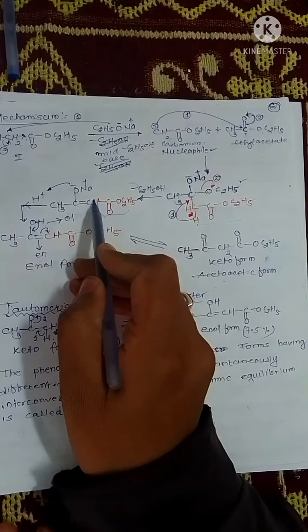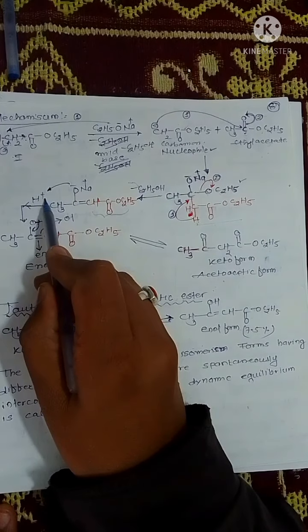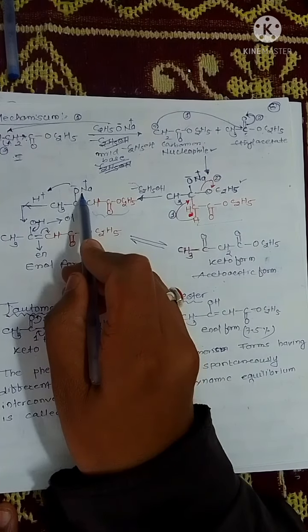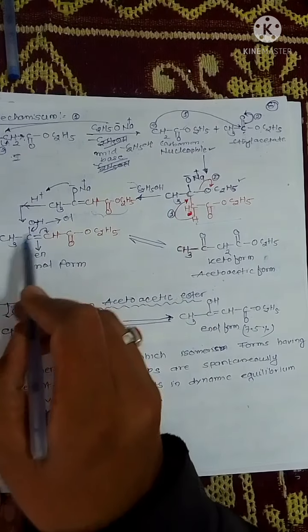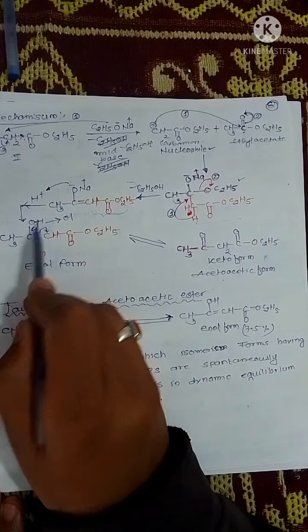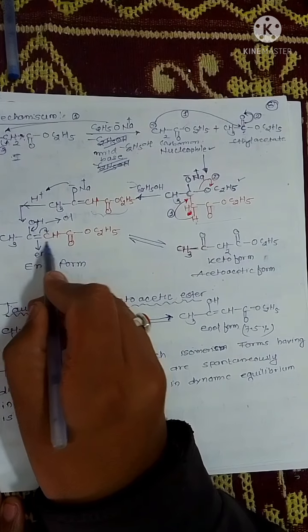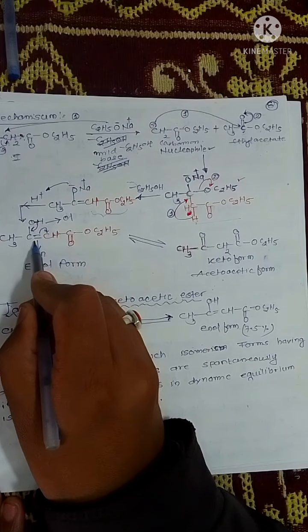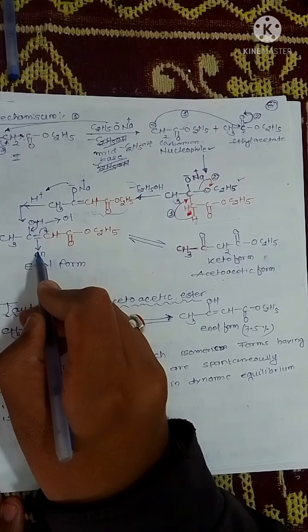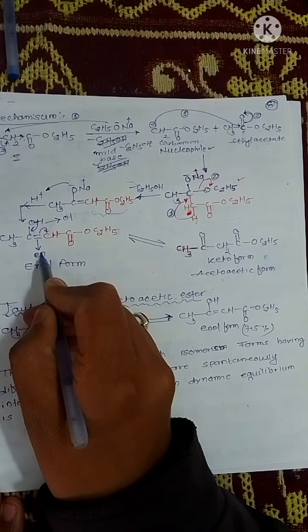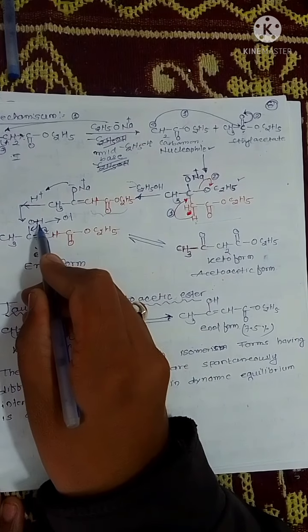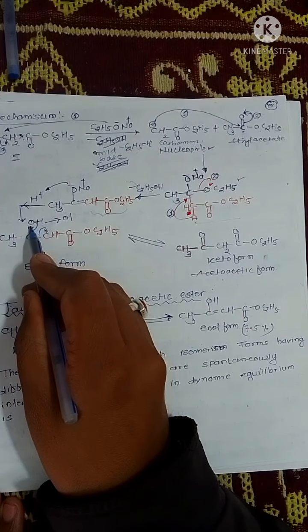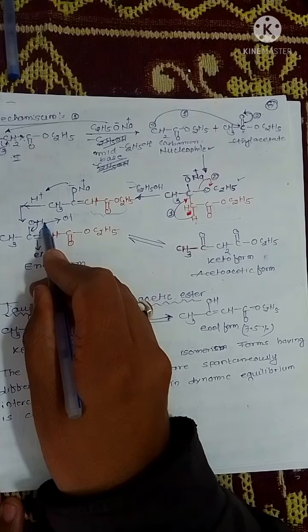When this molecule undergoes acidic hydrolysis, this Na is basically replaced by hydrogen. So hydrogen is replaced here. Just see this molecule, it has an alkene double bond, and this carbon has OH, so it is an enol also, that is alcoholic OH.